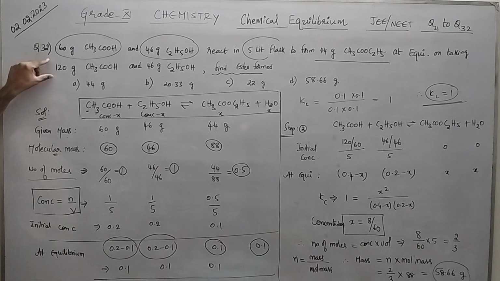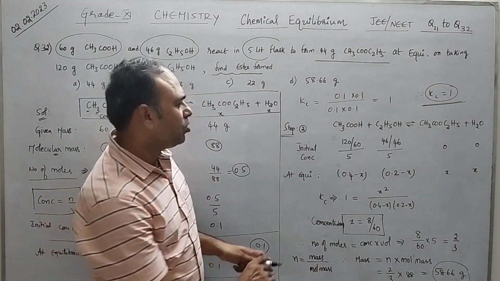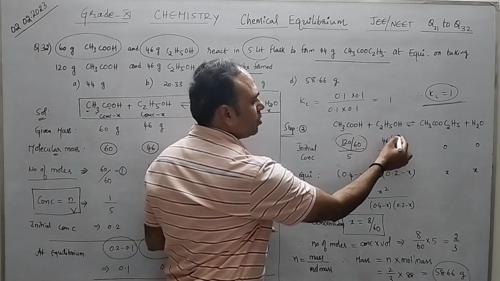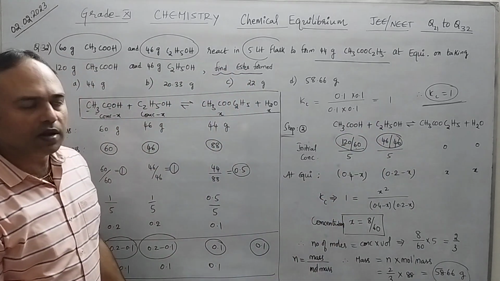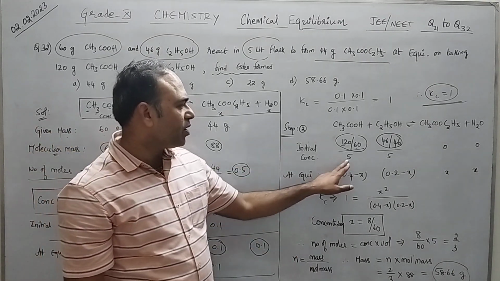Now, the mass is changed. So we will write that. Follow the same steps. What will be the concentration here? Number of moles by volume. You know the number of moles is mass by molecular mass. So you get the initial concentration like this, nothing but 0.4.